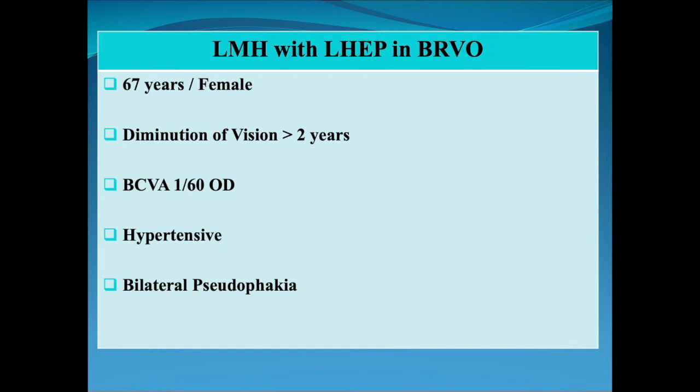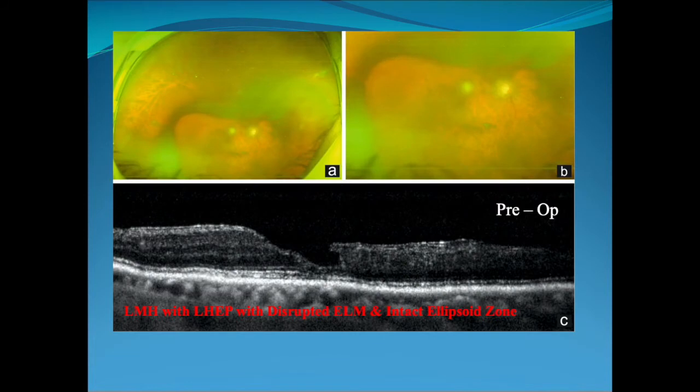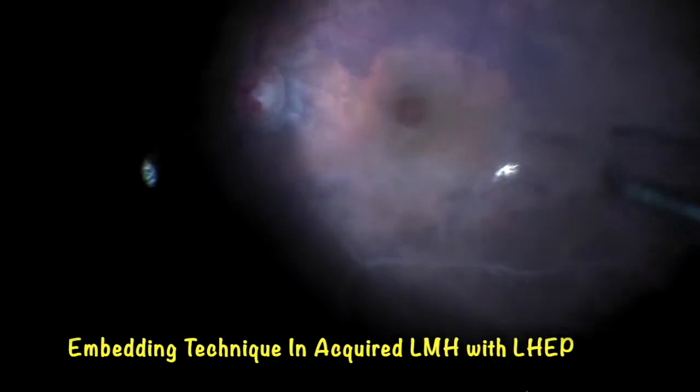The second part of the video describes the use of the embedding technique in a case of lamellar macular hole with LHEP in retinal vein occlusion. There are no reports on surgical intervention for lamellar macular hole in retinal vein occlusion.